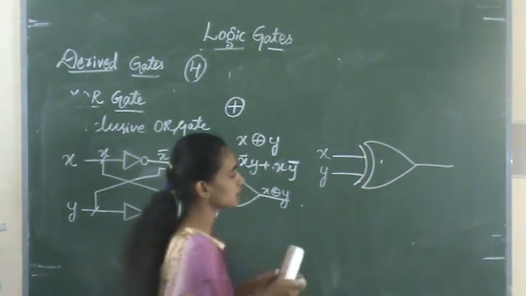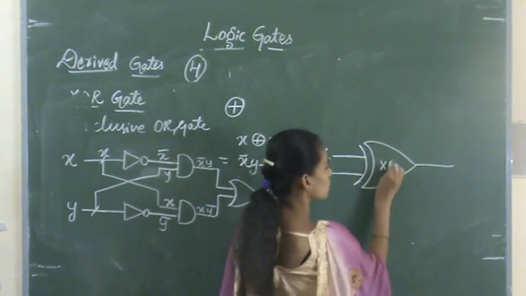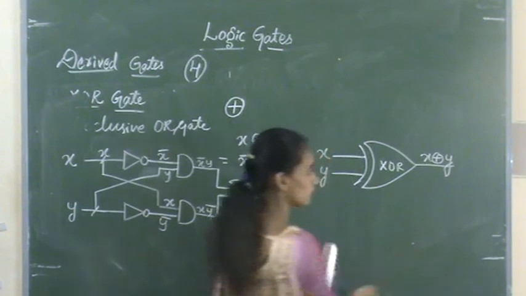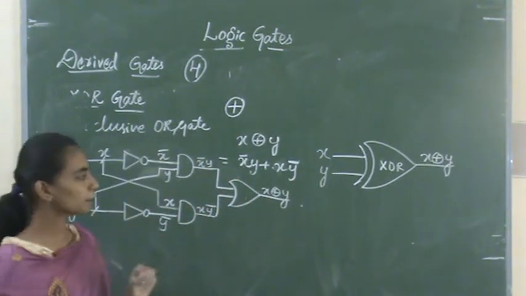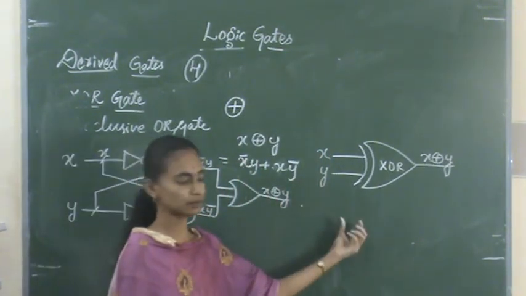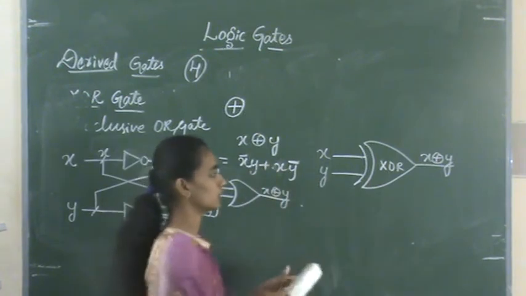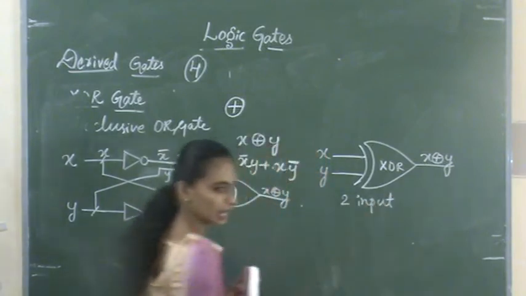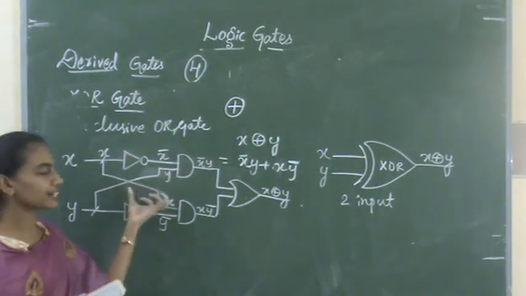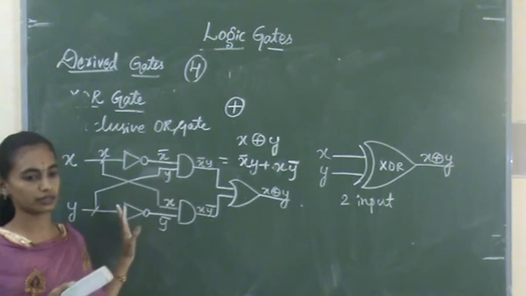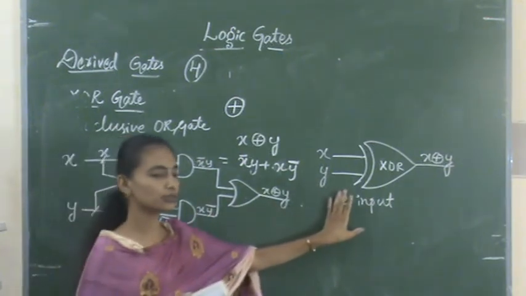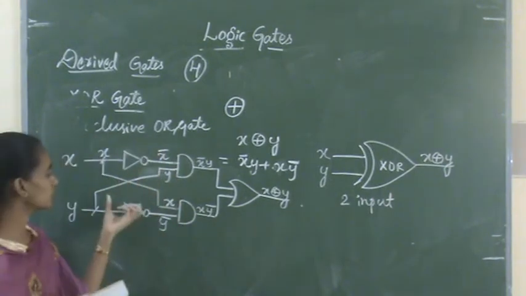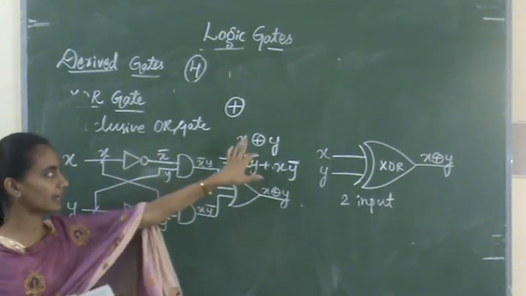If we provide this extra curve, it is XOR. So the simplest logic symbol for XOR is this one, for a 2 input. This is how it actually works, so you have to know this one. This is the logical symbol, and this is exactly how XOR works.